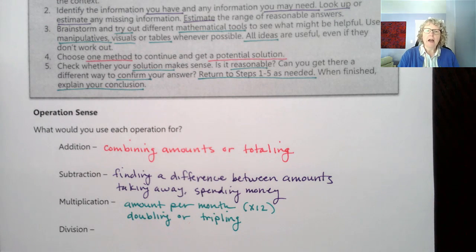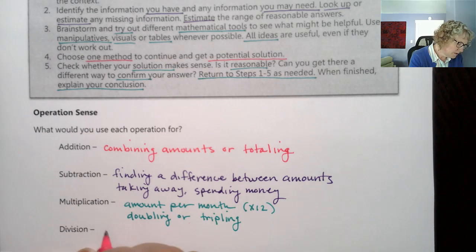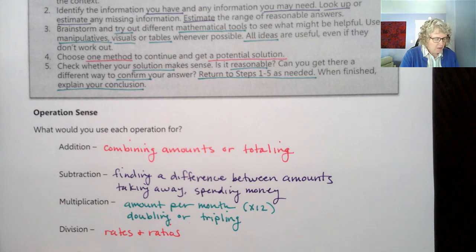Okay, and the last one, division. Think about when you divide things, and we've actually been doing a lot of that in this chapter with rates and proportions and ratios. So that's kind of one time you are going to use division, when you have rates and ratios. Also, if we're dividing things into groups, right? If we have a bunch of money and we want to know how much each person can have, we would divide it up.